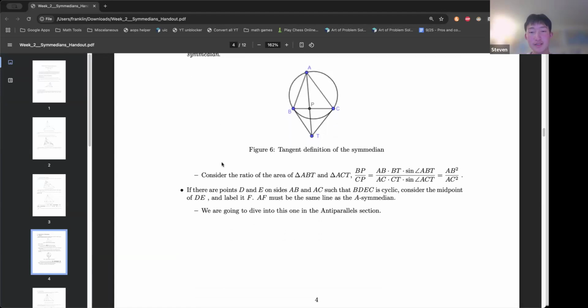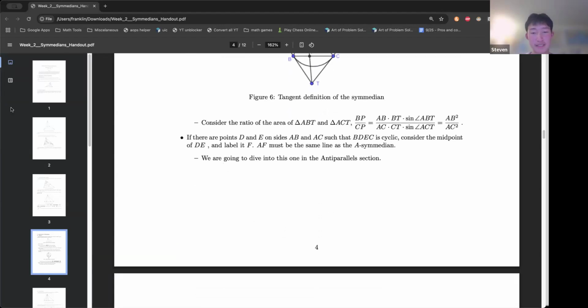Okay, so the fourth definition here is, I'd say, shown second most frequently, especially in Olympiad contests, with the most frequent one being the third definition that Franklin just mentioned.